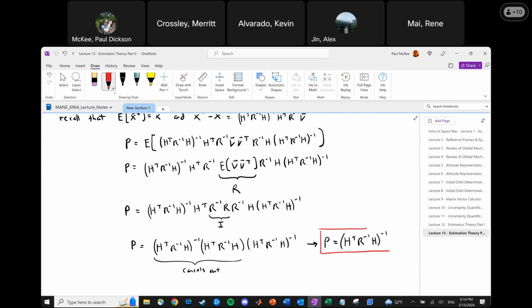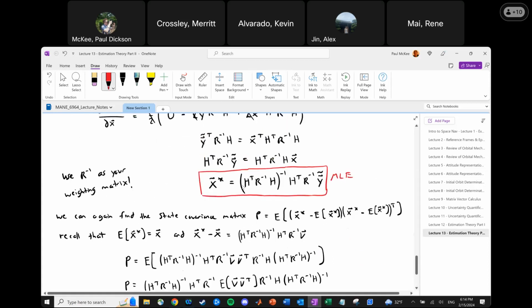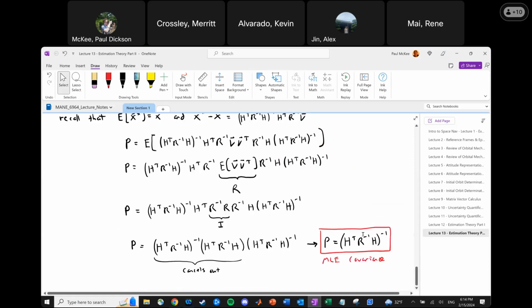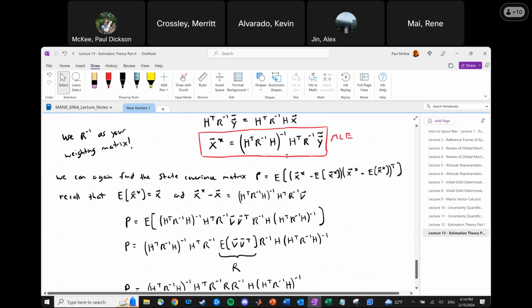And actually, what's even cooler about this, so this is our MLE covariance equation, should look a little familiar because when we computed X, it was H transpose R inverse H inverse H transpose R inverse Y. So you can just borrow whatever line of code you wrote to find that and then delete everything after H transpose R inverse H inverse.